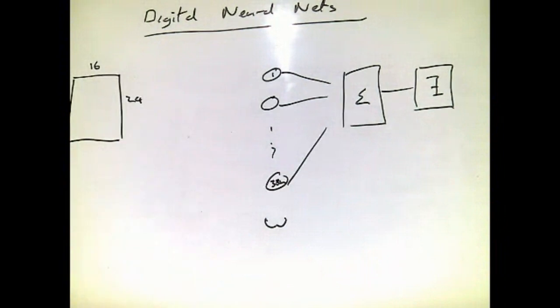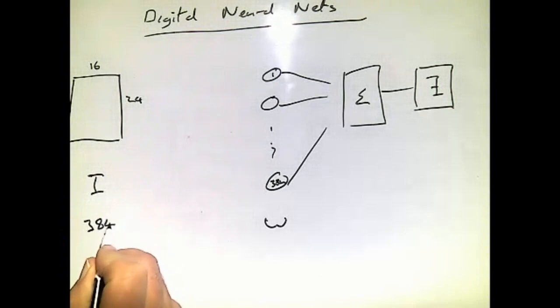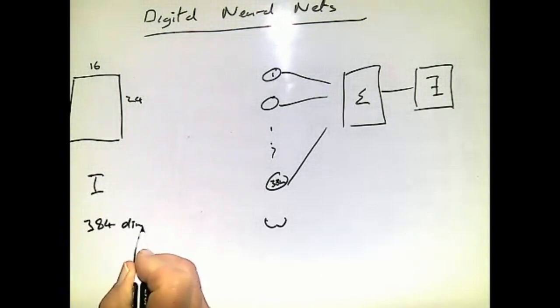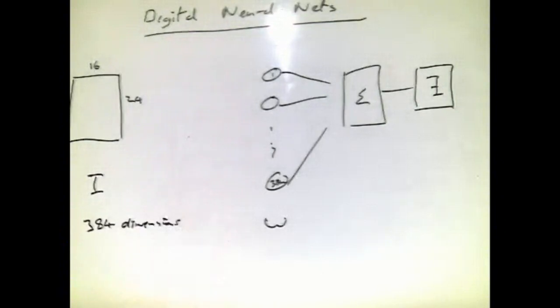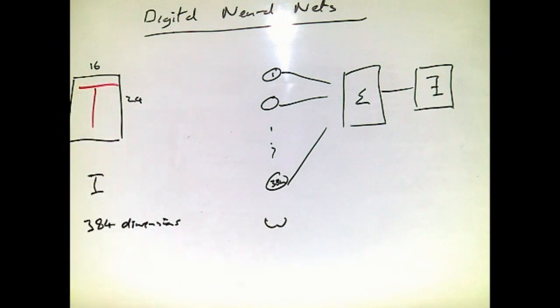That was the resolution they chose. So the input I is 384 dimensions. And that was connected to all the weights. They tried to find the weights, tried to get the output they desired for character recognition. It was used for recognizing a letter. And it just went on and didn't work.